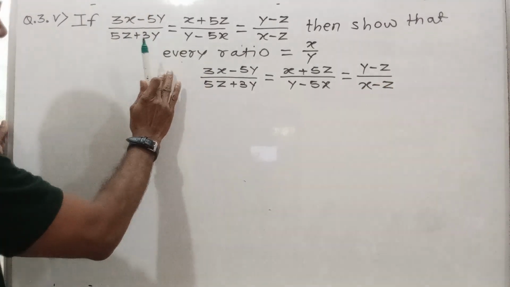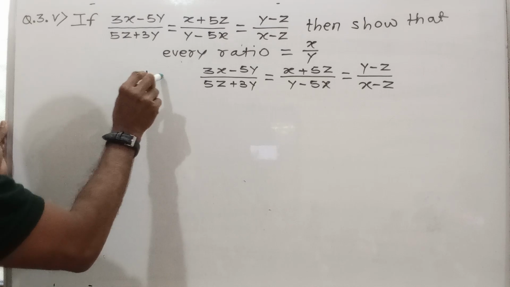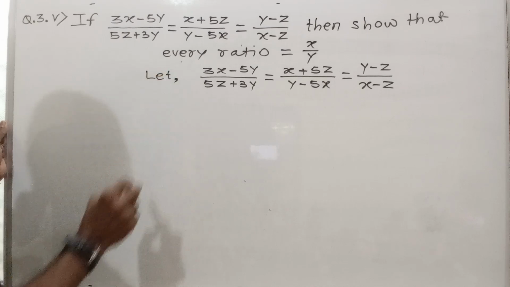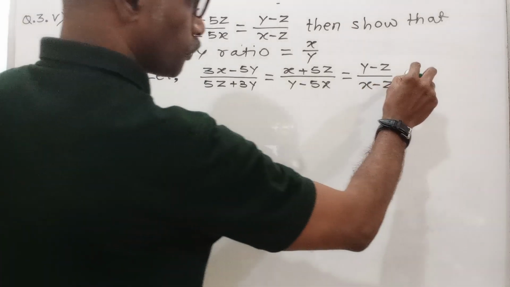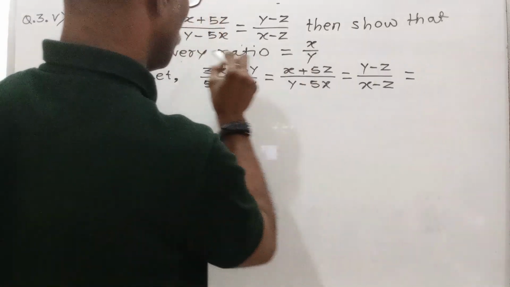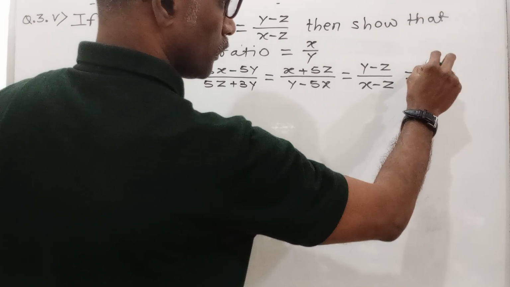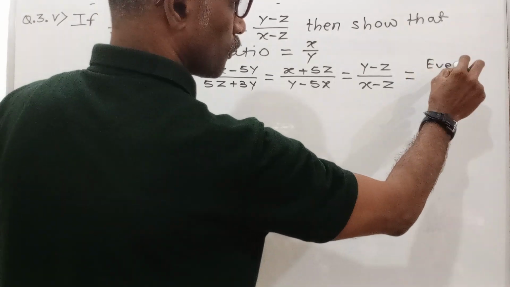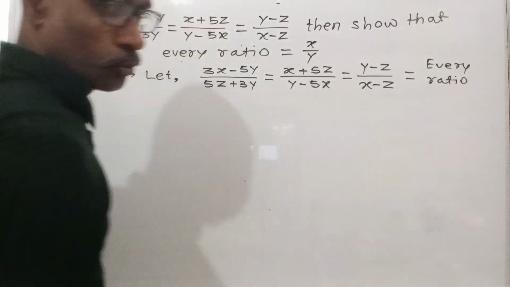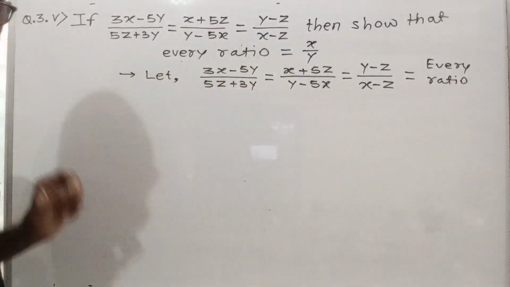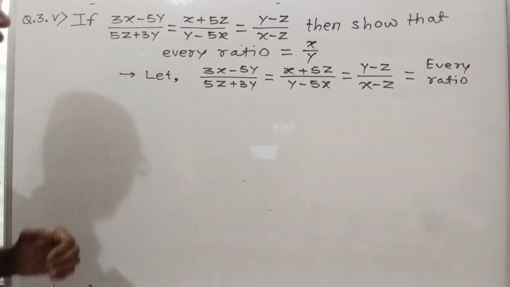Or we write here, let every ratio be equal to k. We want x upon y.